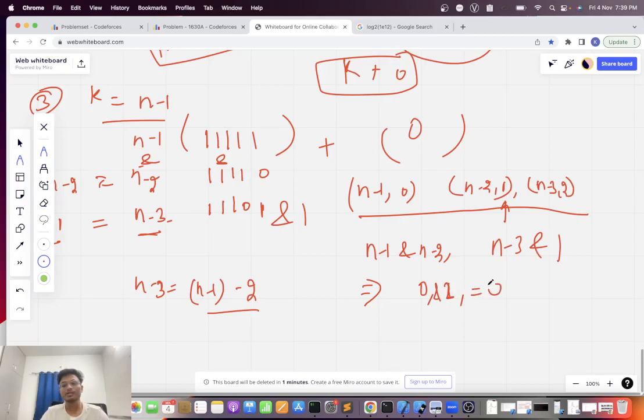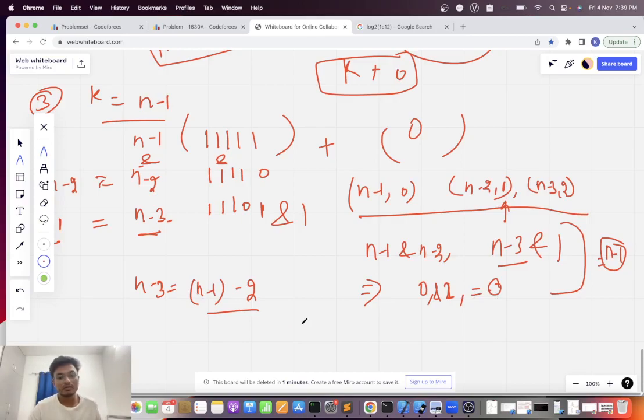Simply sorted, so 0 and 2 will be 0, and the AND operator of 2 is 0. So it will give me n minus 1 value. But at least we have 3 values, that will be n minus 3.